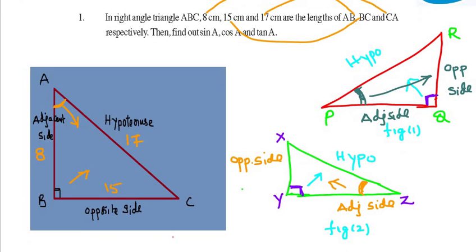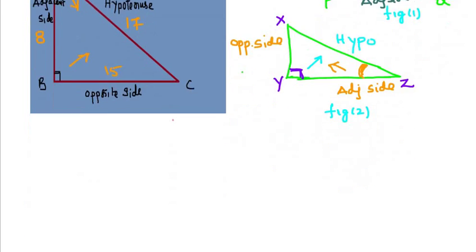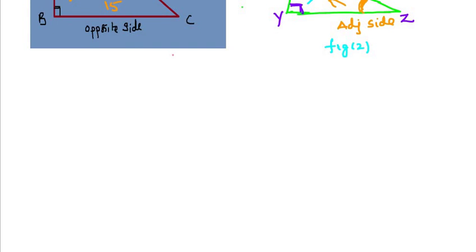Now we'll go for the sin A, cos A, tan A ratios. You already studied about the ratios. Sin A is opposite by hypotenuse. Cos A is adjacent by hypotenuse, and tan A is opposite by adjacent.